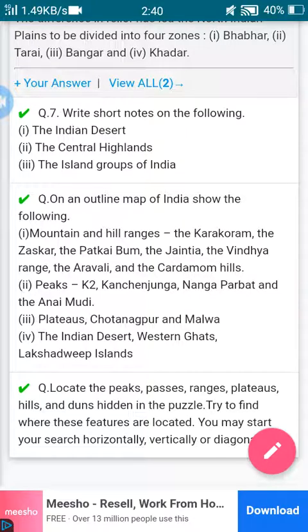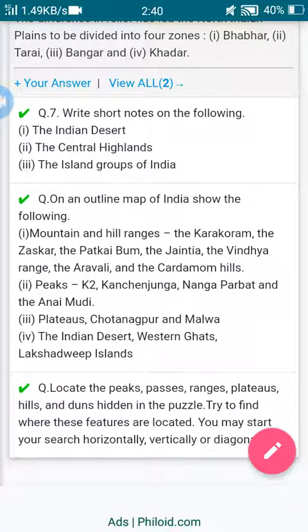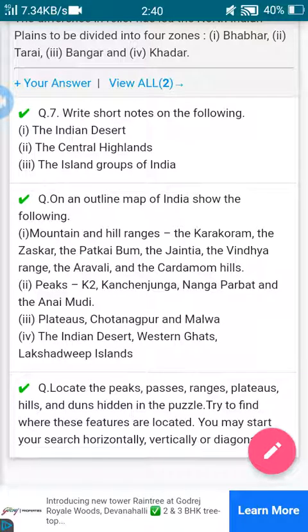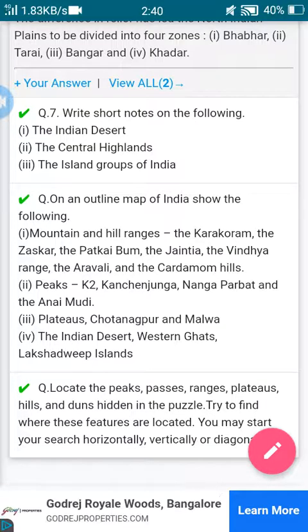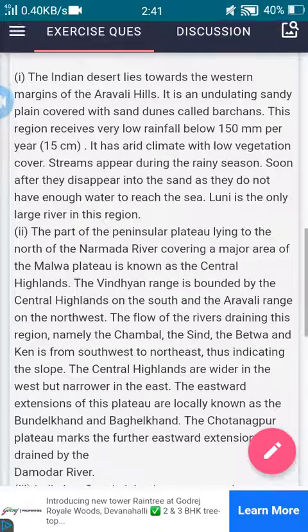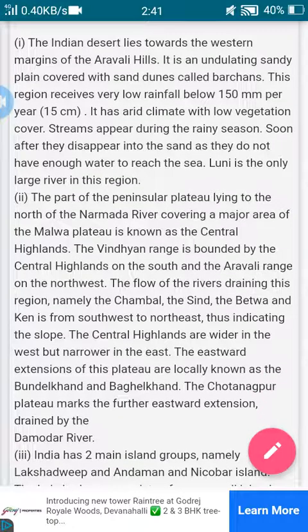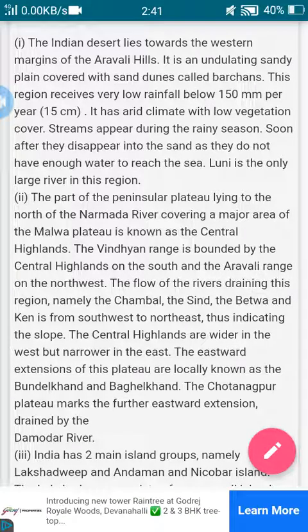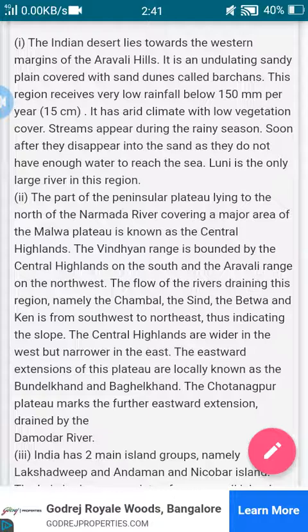Write a short note on the following. First one is the Indian Desert or the Great Indian Desert. The Indian desert lies towards the western margins of the Aravalli Hills.